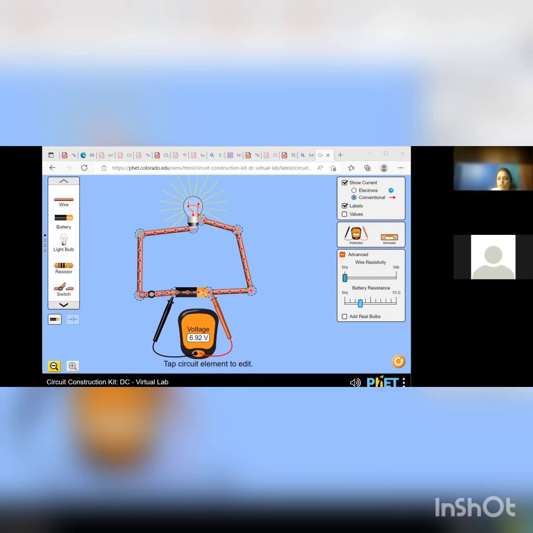No current is drawn from cell, or no current in circuit, or open circuit. Fine. So what is it?